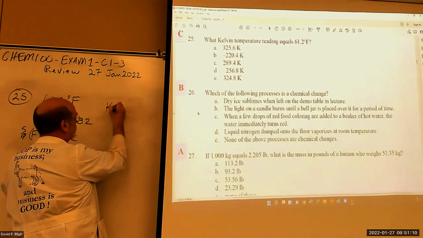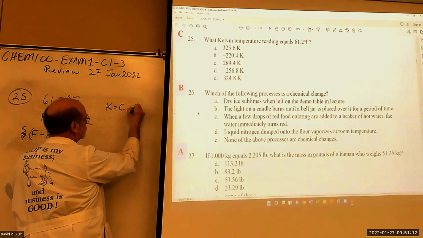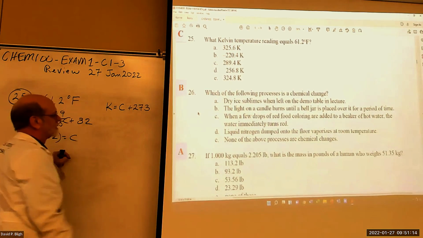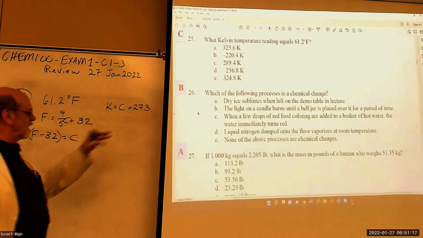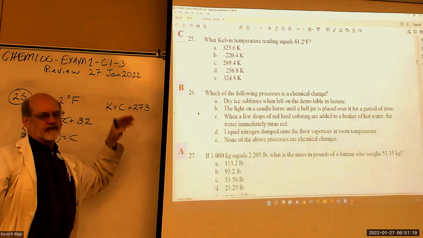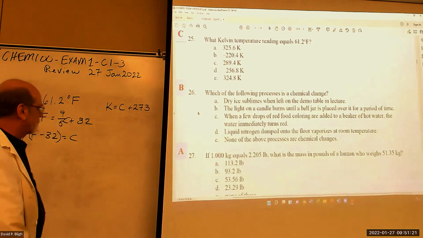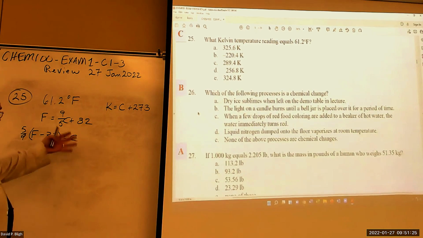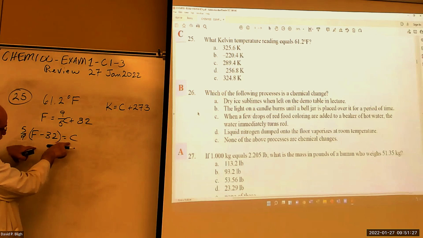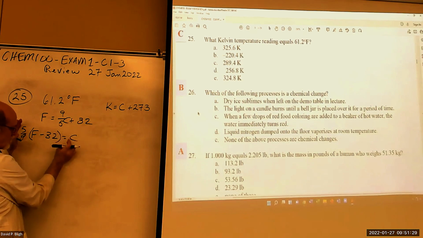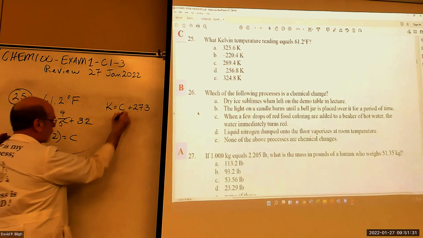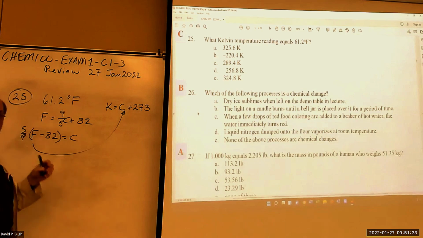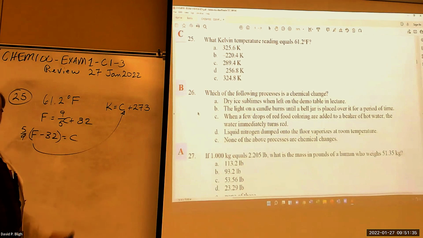So Kelvin is equal to Celsius plus 273. Right? Well, there are more decimals out there, but 273 is good enough for us. Okay. Now, we could combine these and say, okay, we know what C is. So we can take this part equal to C and stick it right in there and do the whole thing in one calculation.